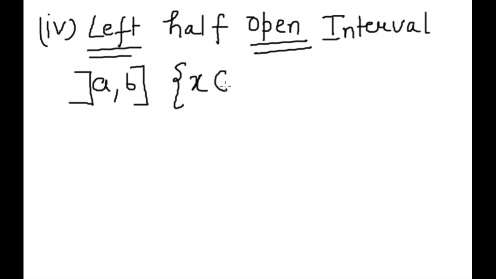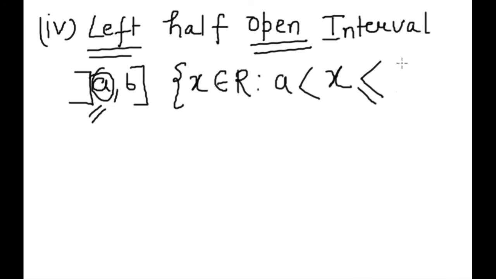So we will write x is an element of R such that x is greater than a. We will not put an equal to sign because it is open. We will not include this limit in the elements. And less than or equal to b. We will include b in the elements because this is closed from the right side.